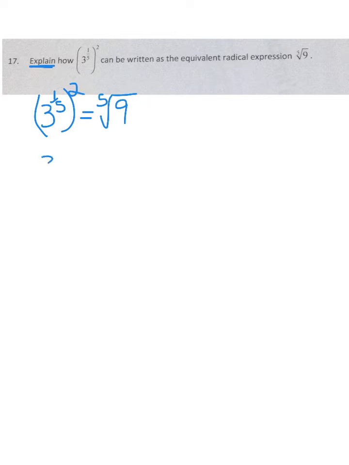So that's going to give me 3 to the 2/5 power, which equals the 5th root of 9, so we hope. Okay, so what did I do?